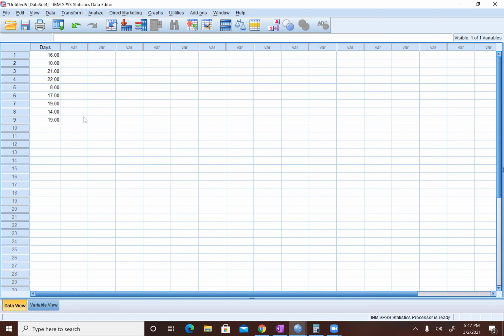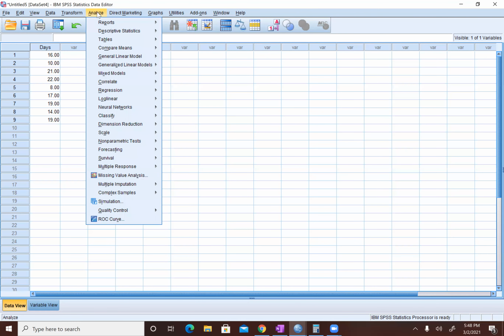And I want to compute some basic things, like the mean of this sample and the sample variance, because I need those things in my formulas. So what you can do is go to analyze, and over here you can use many different options.